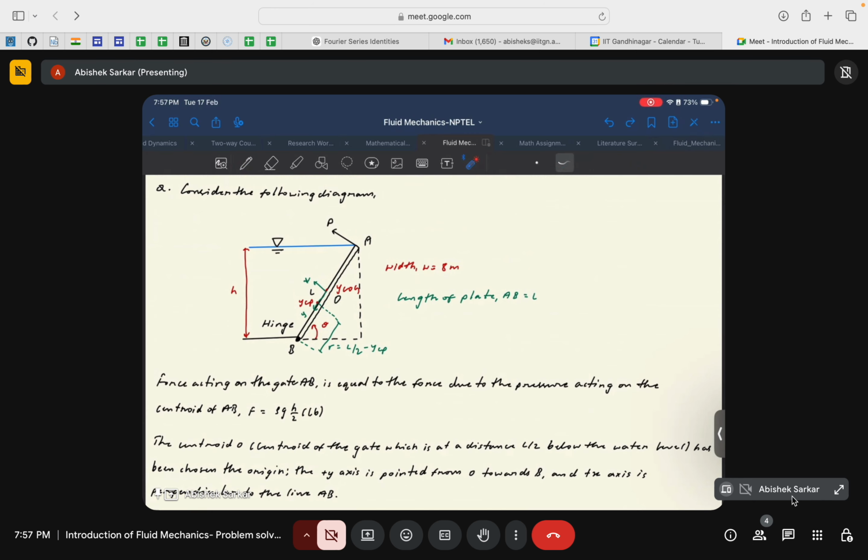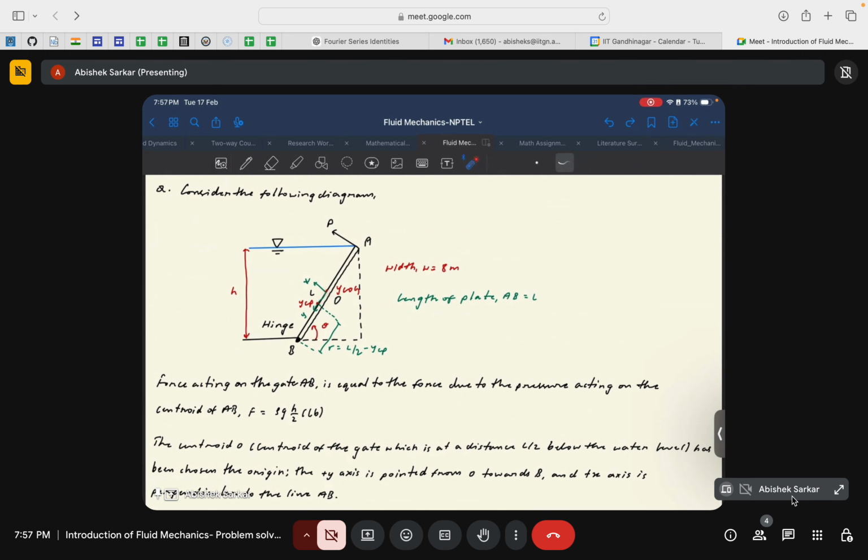Let us say the center of pressure is YCP. Since this is not placed vertically, it will be a bit different, but still we can understand that if L by 2 is the center of your flat plate, then the center of pressure would be at a distance lower than the center of gravity of the plate.